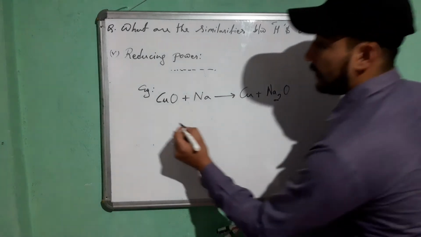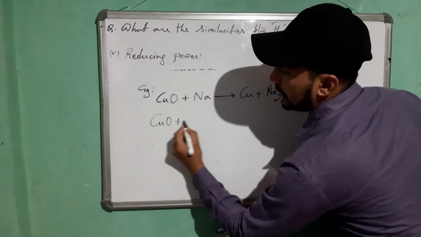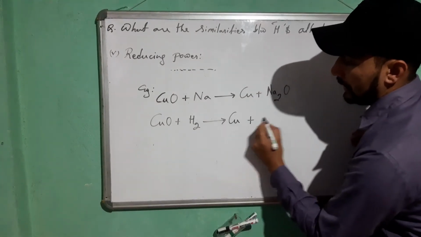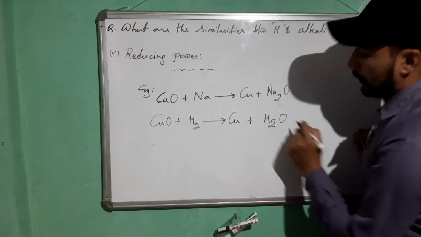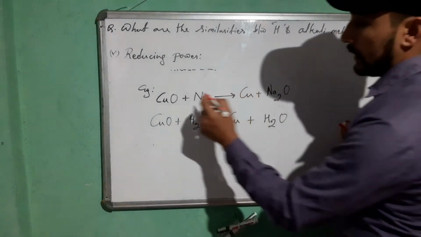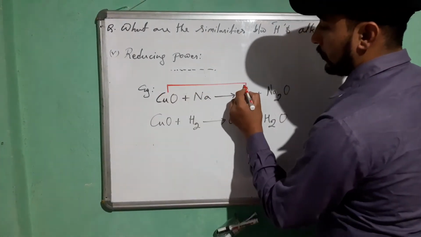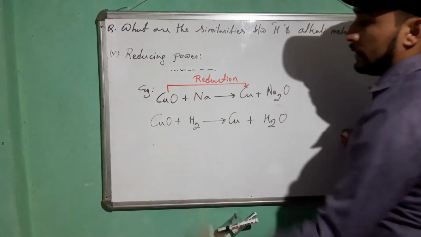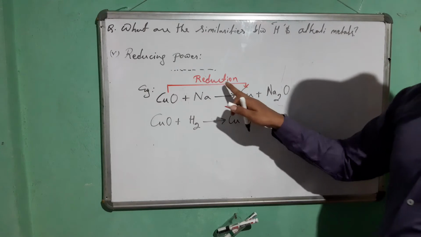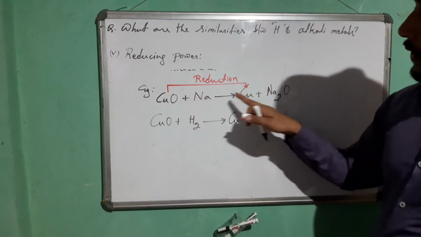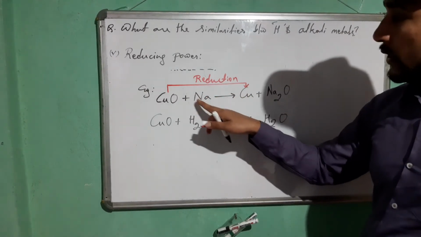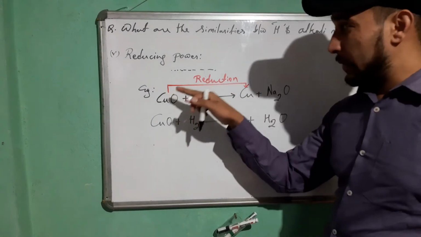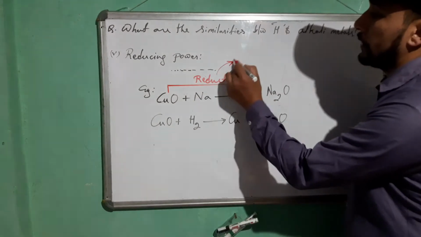Okay, in similar manner, copper oxide reacts with hydrogen, H2, to give copper and H2O. See here, copper oxide is reduced to copper by sodium. Okay, reduction means removal of oxygen. In simple manner, you can remember that reduction means removal of oxygen.